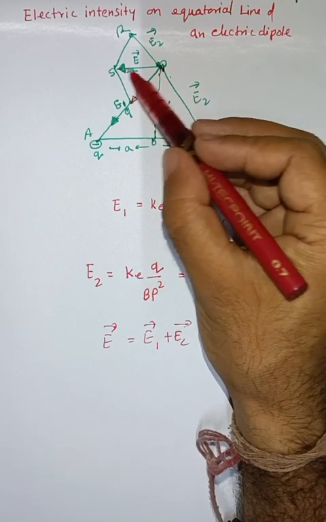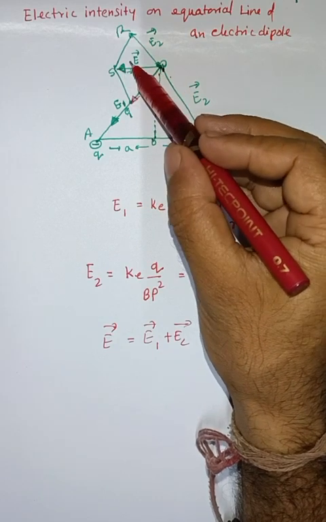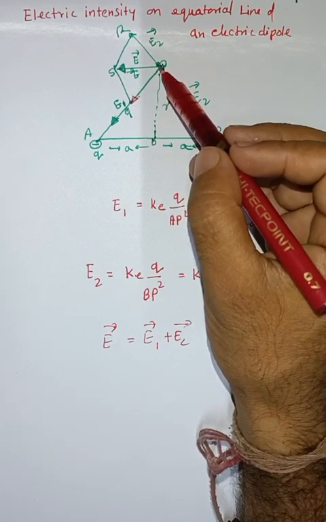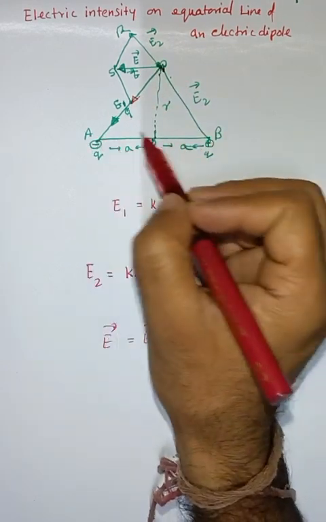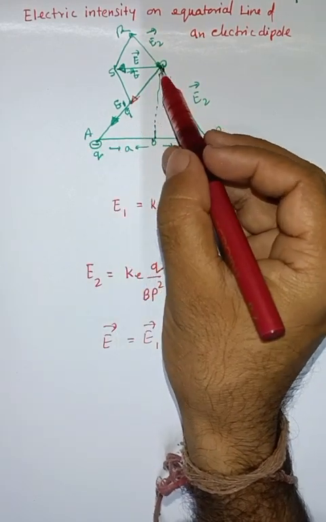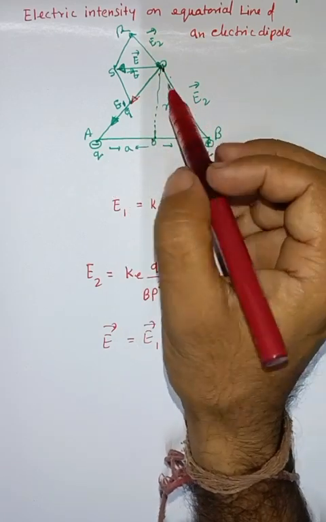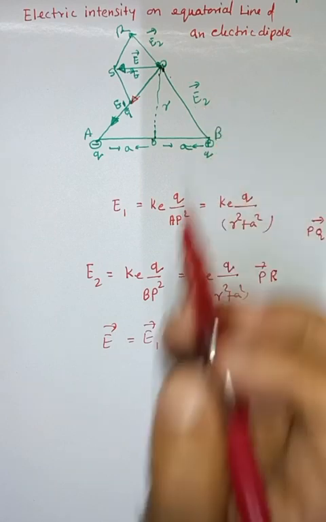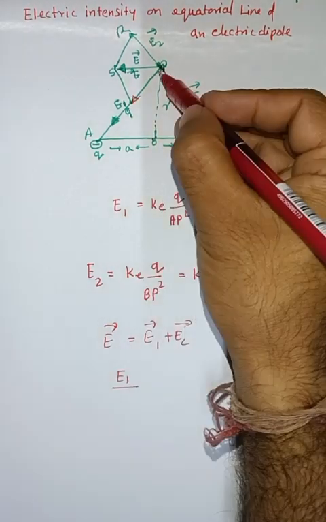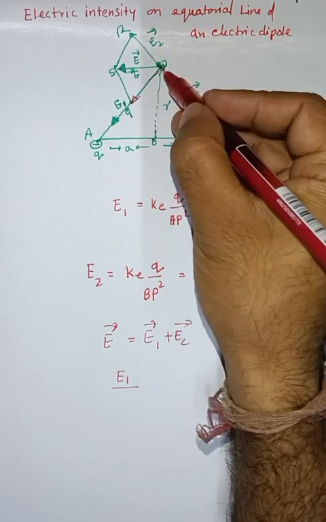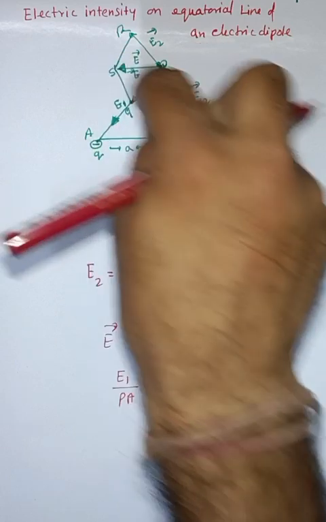The resultant electric field E is given by the third side of this triangle BPA, BA, taken in opposite order. According to the triangular law of vector addition, E1 by PA is equal to E by BA.